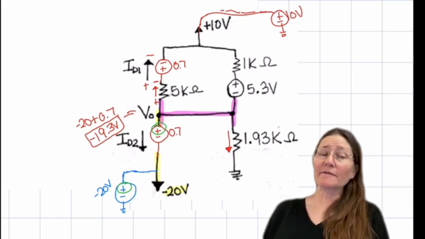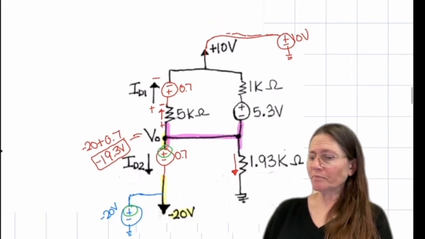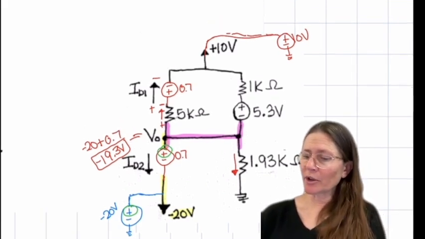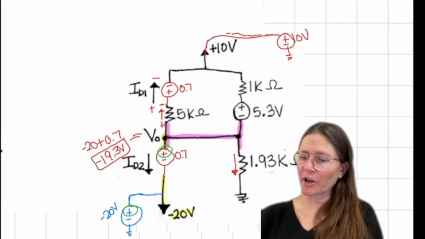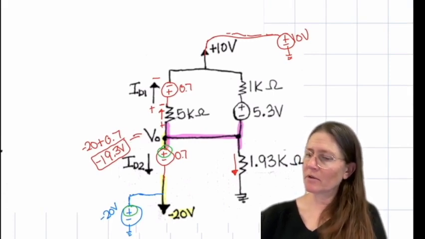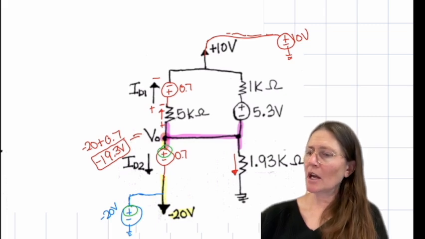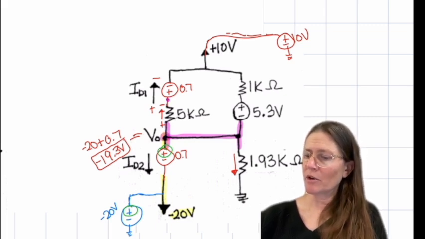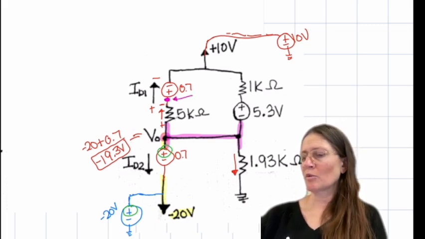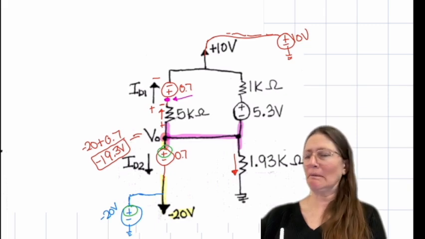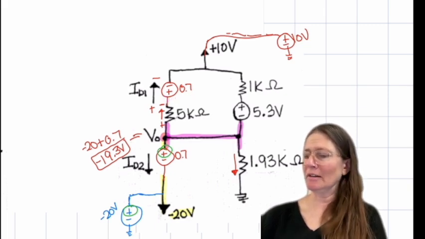All right, to find ID1 here, I know across that resistor I know V naught, and I know the voltage at this node. What is the voltage at that pink node? Maybe I'll make it green.